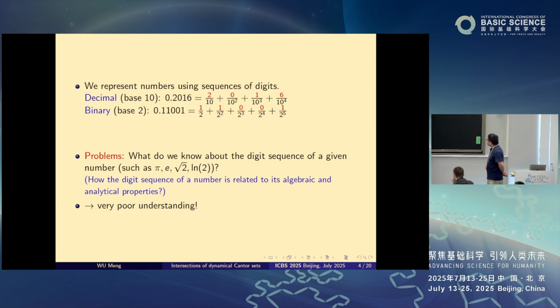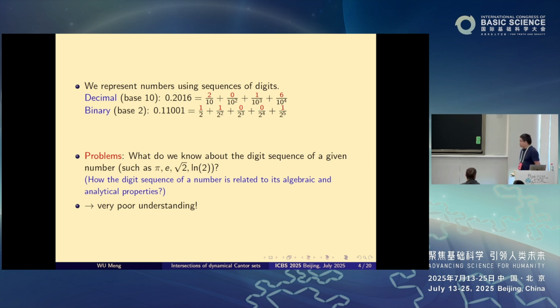These are two examples of how to express numbers in different bases. It's actually a fundamental problem, and mathematically we know very, very little about how the digit sequence of a number is related to its algebraic or analytic properties.